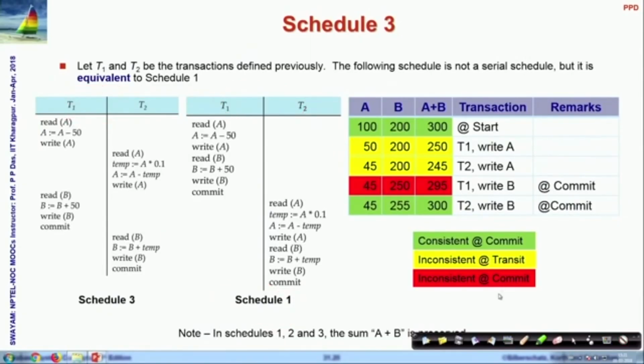This is just an example to show that it is actually possible to interleave the instructions of two transactions and create a schedule which might in the process have transient or even inconsistent commit states of the database, but finally when the schedule ends, it is possible that it will bring you to a consistent state.